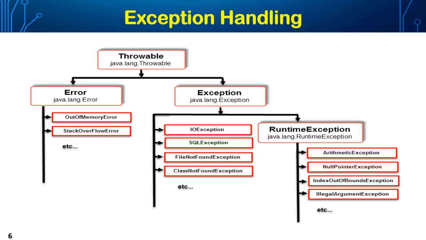When the flow of execution of a test case is abnormal or unexpected, in order to handle such unexpected situations, we use the concept called exception handling. The literal meaning of exception is unexpected. It is not a happy path. It is something not normal.